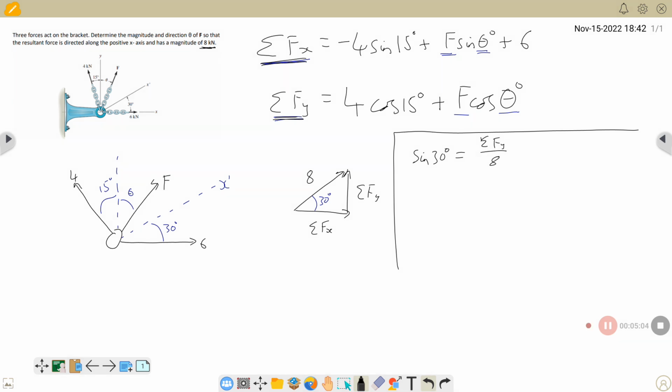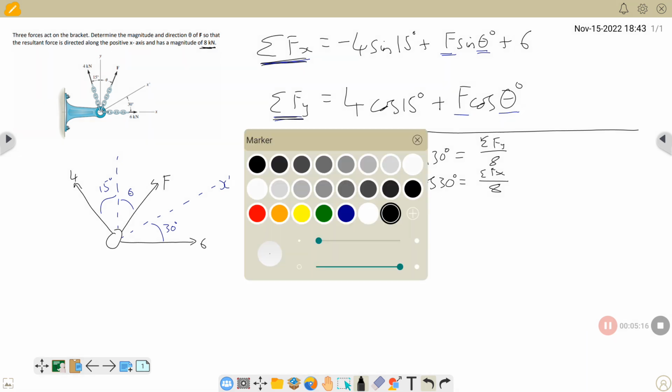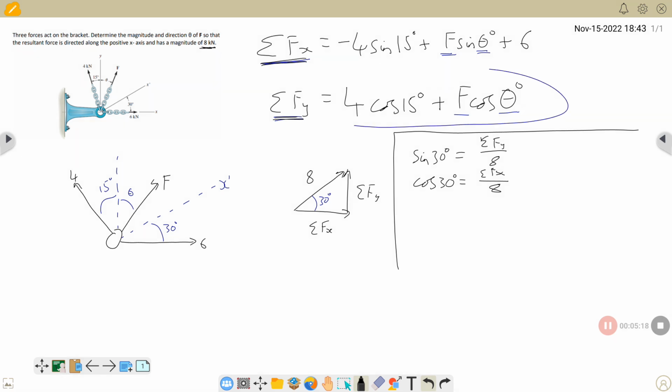And we can say then that cos of 30 is equal to the sum of forces in the x, sorry, over 8 as well. And then we can take our expressions for those components of the resultant force and just substitute them into these ideas here, right?